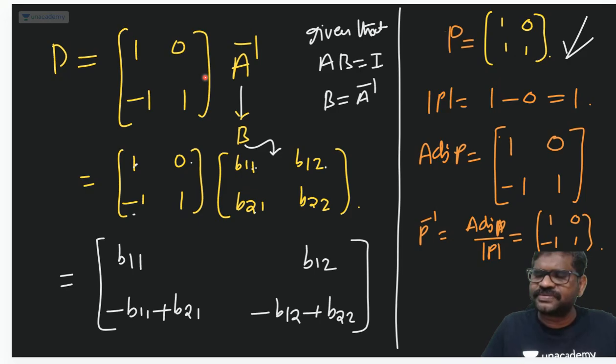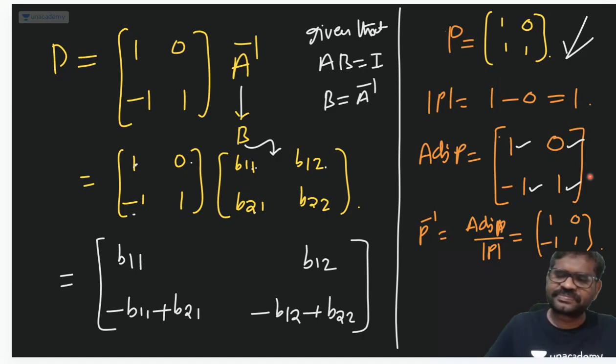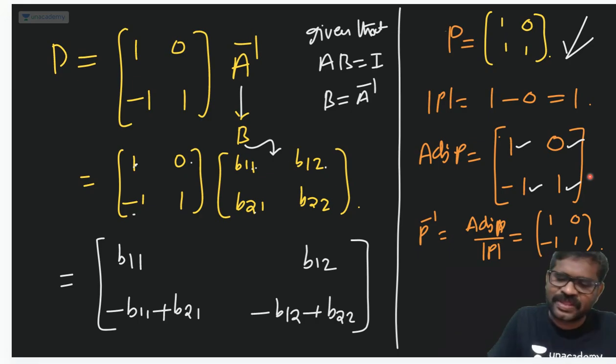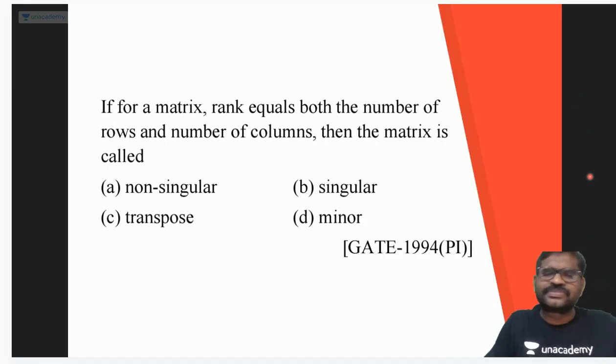Samiksha, for a 2 cross 2 matrix, adjoint A is D, minus B, minus C, A. I have not written the cofactor matrix here. Directly I have written adjoint A. This is a problem on the concept of rank.